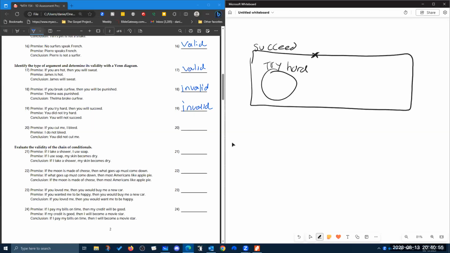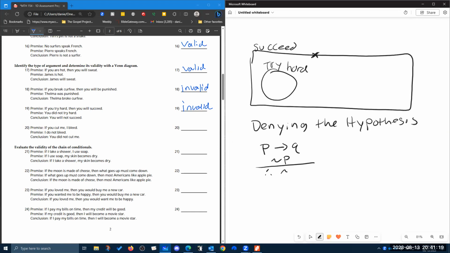And the unofficial name for this is called denying the hypothesis. It's in the form of P implies Q, not P, therefore not Q. And this is more formally known as an inverse error.